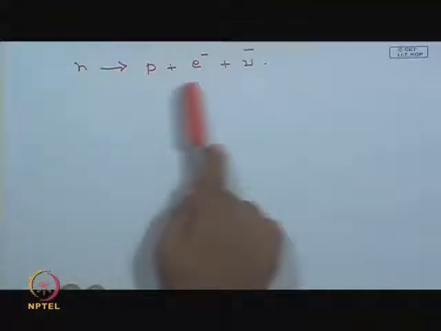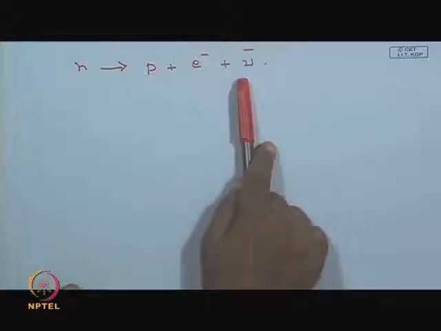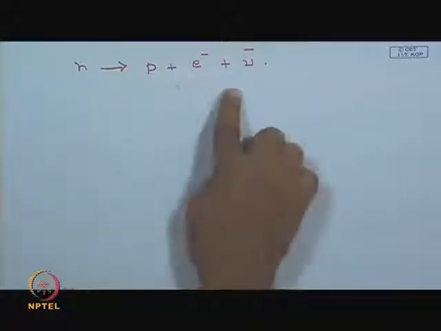So we know that the neutron is an unstable particle. A free neutron is an unstable particle. So once it goes out of equilibrium, the only reaction that proceeds is that the free neutrons decay to form the proton, electron, and the antineutrino.